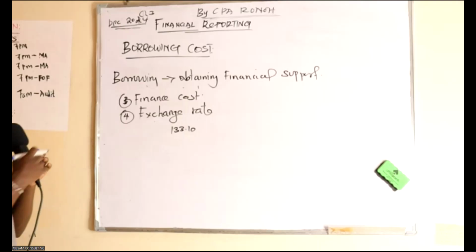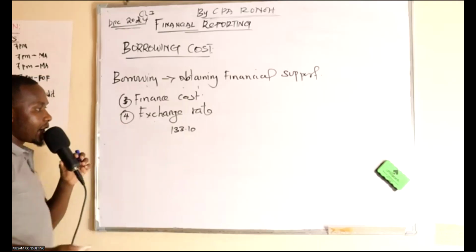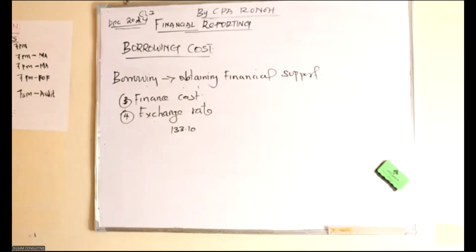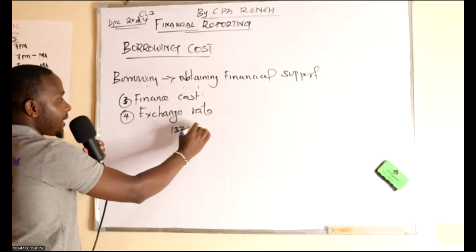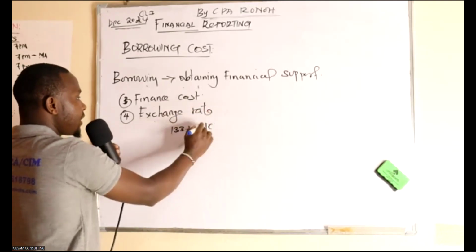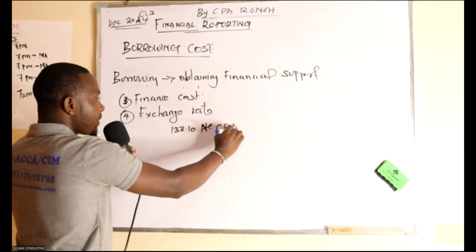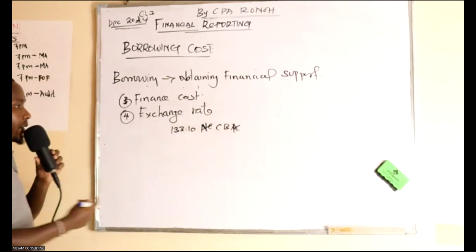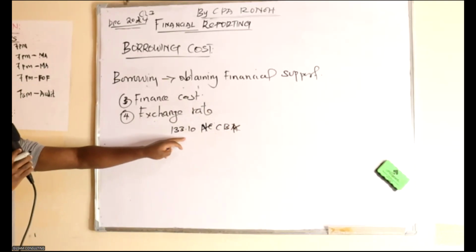So maybe the bank, if you have done financial management, the bank always what? Does it sell at a profit or buy at a profit? When you reach advanced level you will know how to do the money market. So this is the CBK rate, and the bank will not sell you at the CBK rate.